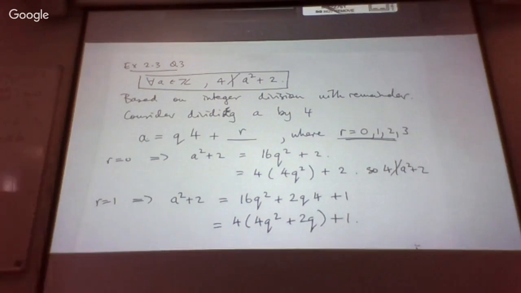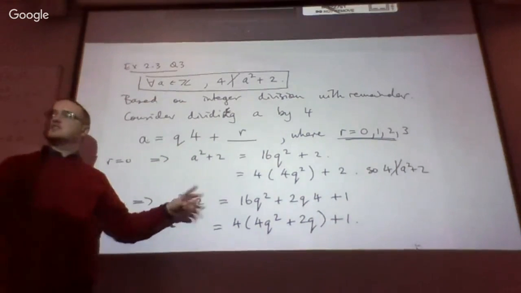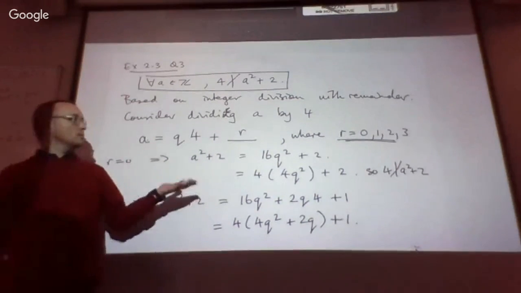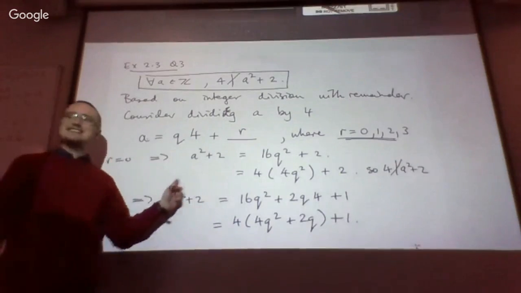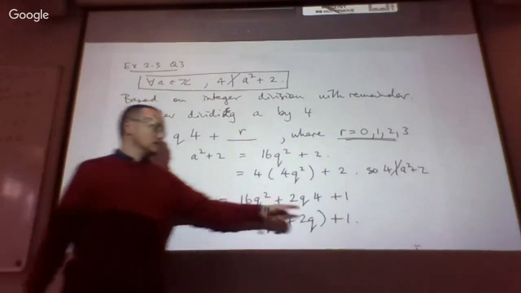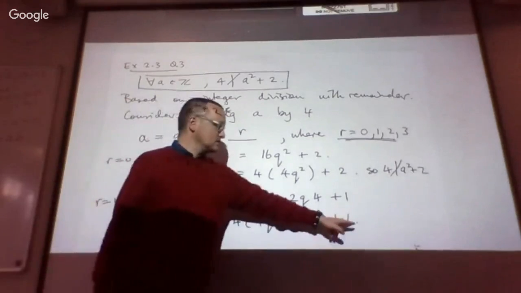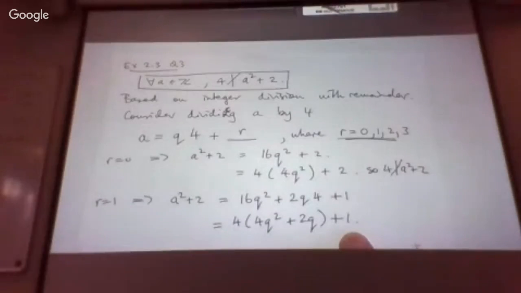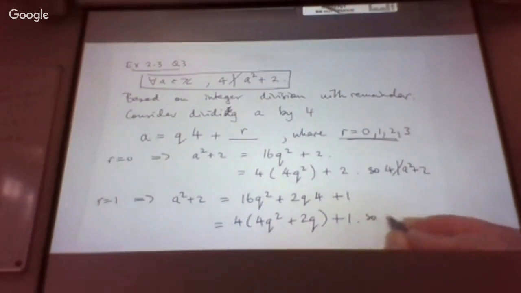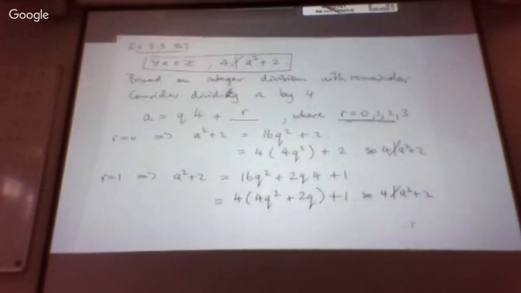Again there, if we wanted to show 4 divided that cleanly, you'd be wanting a remainder of 0. But we don't get a remainder of 0. We get a remainder of 1. So you can never cleanly divide a squared plus 2 by 4 in the case where the remainder r is 1.